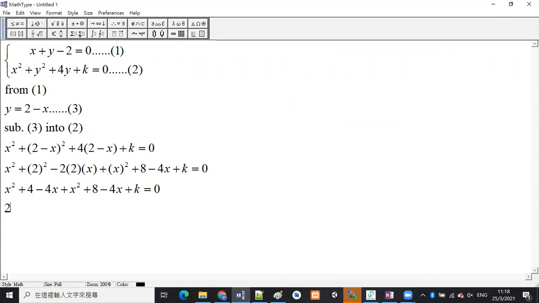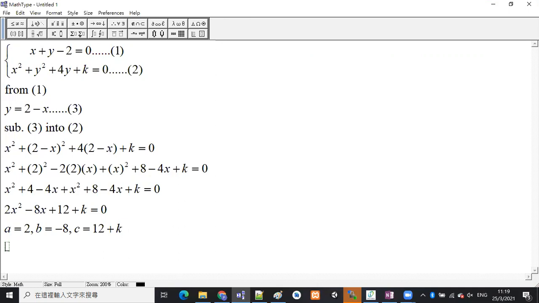So we have 2x squared minus 8x plus 12 and plus k equals 0. Is it correct? Good. So this is a simple quadratic equation, but with an unknown k, right? And where a is 2, b is -8, and c is 12 plus k.